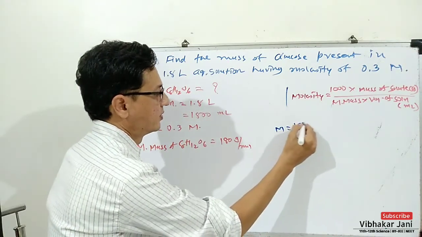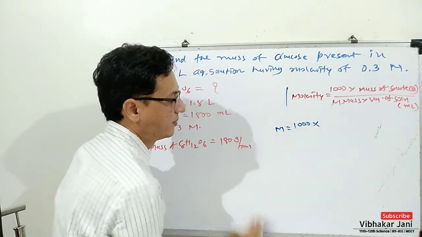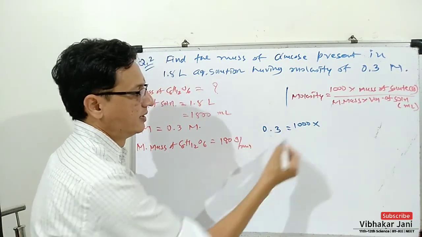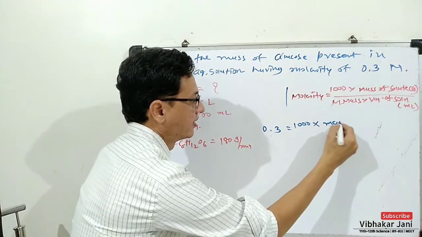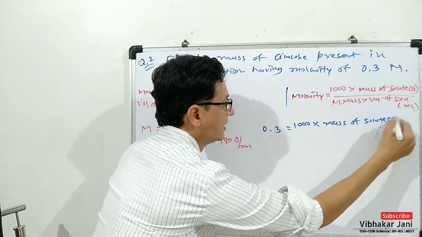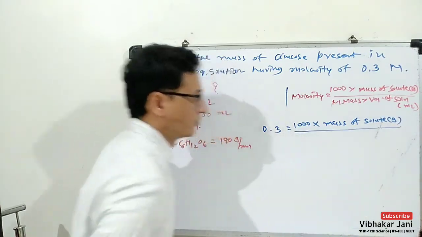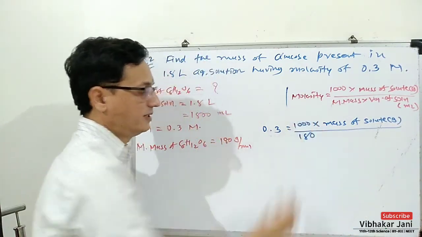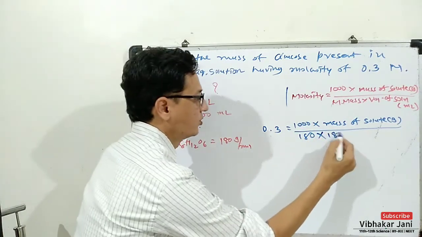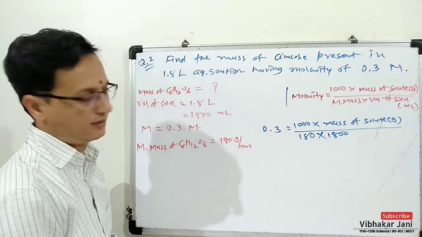Molarity is equal to 1000 multiplied by, here molarity is given, that is 0.3. 1000 multiplied by mass of solute in gram, that we are going to find. Molecular mass is 180 multiplied by volume of solution is 1800.